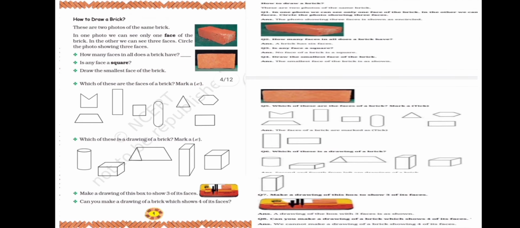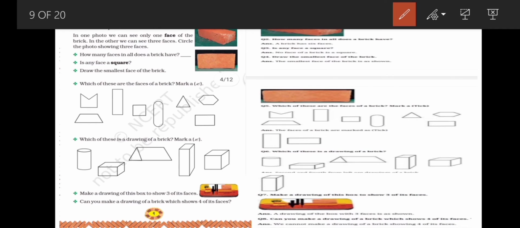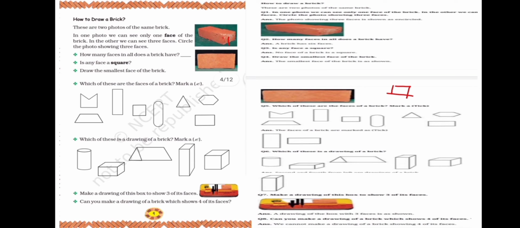If we draw the smallest face of the brick, then we will find this one. This one is the smallest face of a brick. So we can draw a small rectangle. Okay. Next one is, which of these are the faces of a brick?